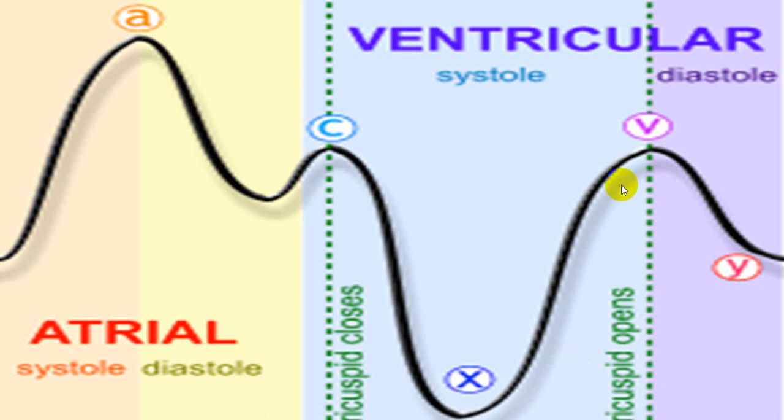Now we are going through a cardiac cycle and will be correlating with the jugular venous pulse. So you know that atrial systole is just before the ventricular systole. I am beginning with atrial systole.